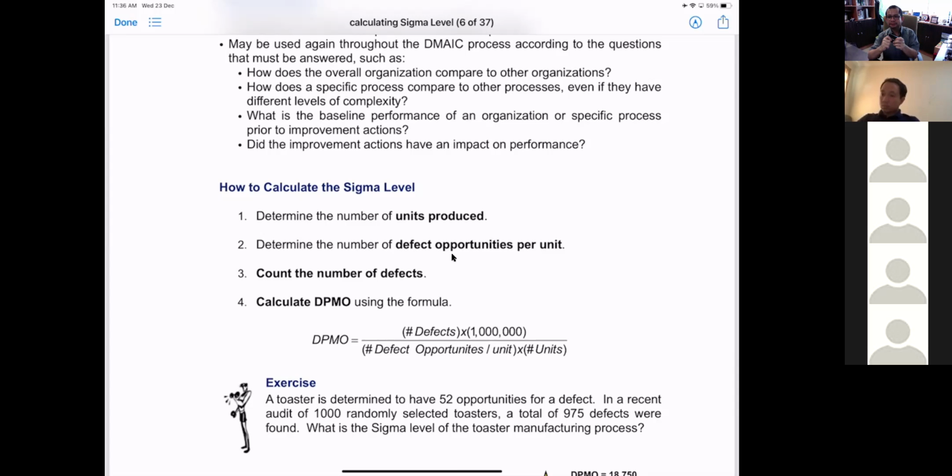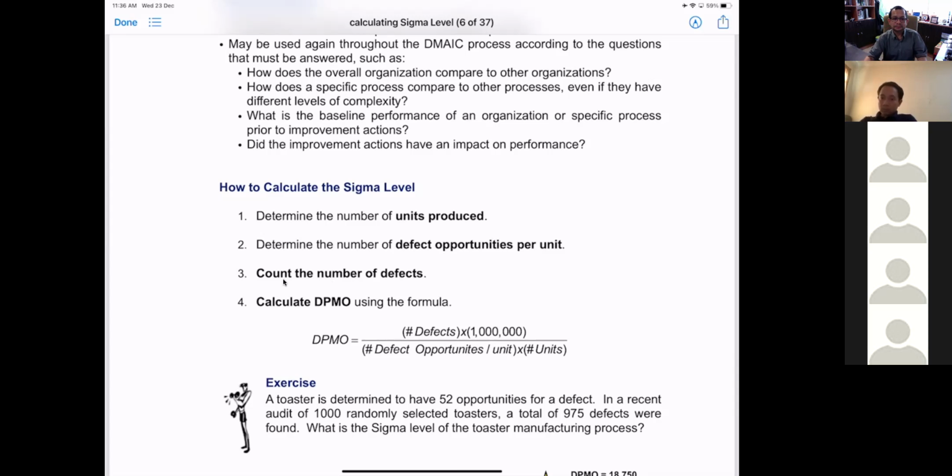Opportunity for defect for one component. So normally the QC will check based on that opportunity only. So let's say one component that we produce has 10 possible defect points. That's why they check 10 points. So the answer here is 10 per unit.